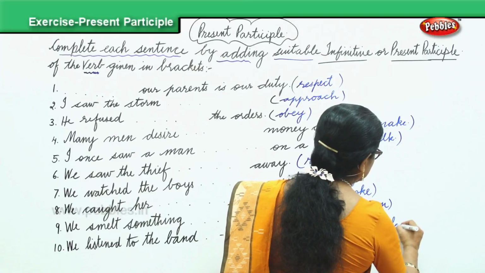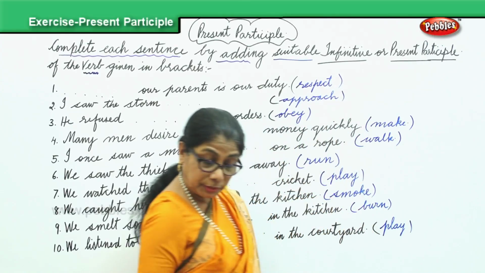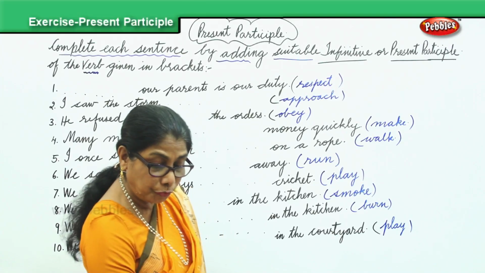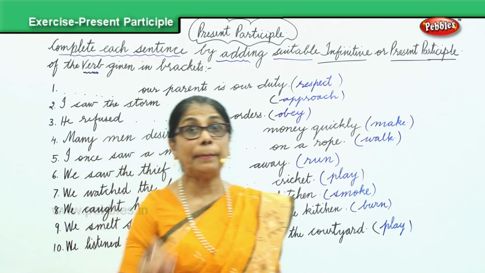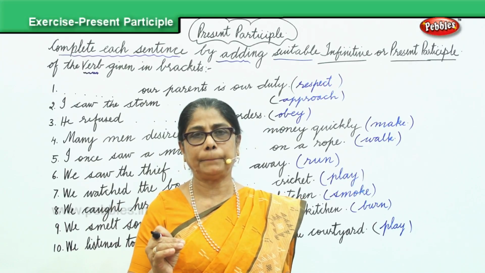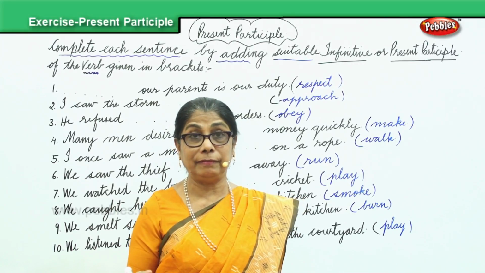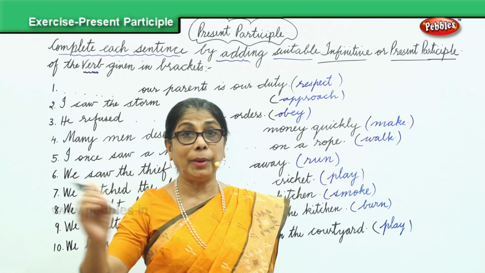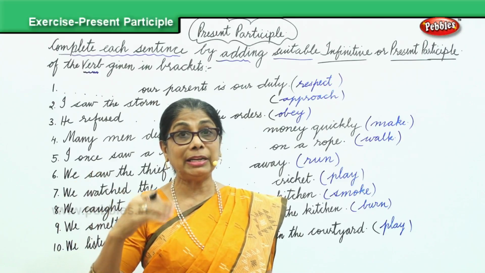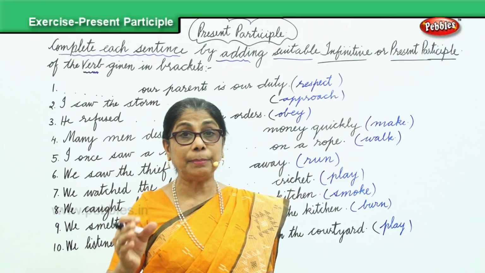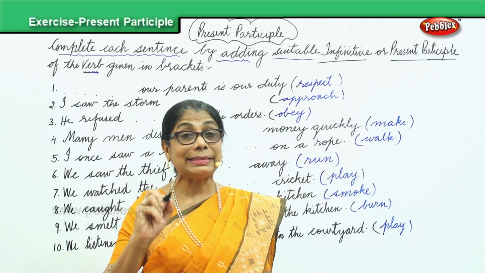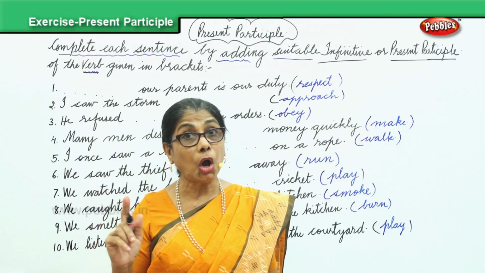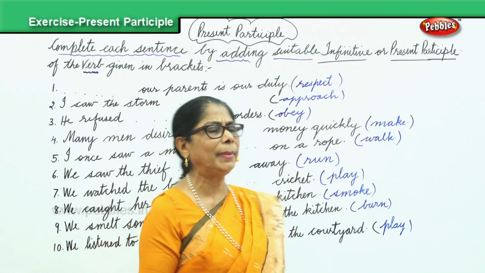Now, I have got 10 sentences and we are supposed to fill in correctly with the present participle or the infinitive. Infinitive, how will it be? When you put in, you add to: to play, to dance. When it is present participle, the verb ends in ing, and the action is going on or incomplete. Let's look at the verb and do it correctly.